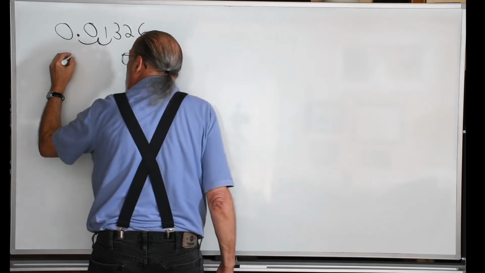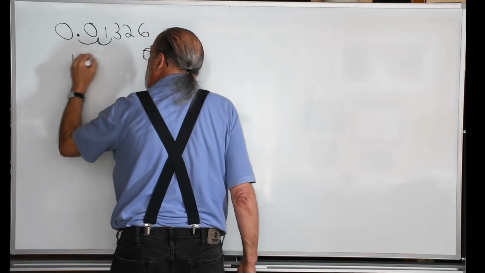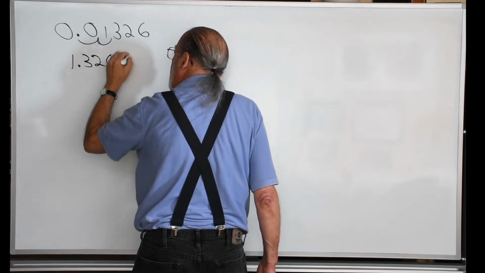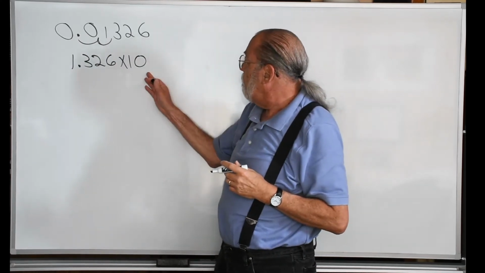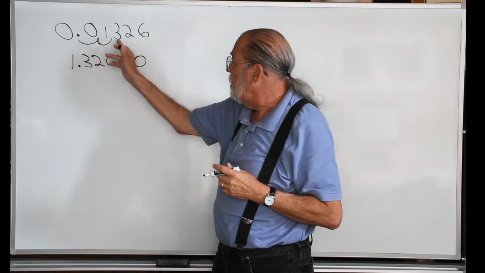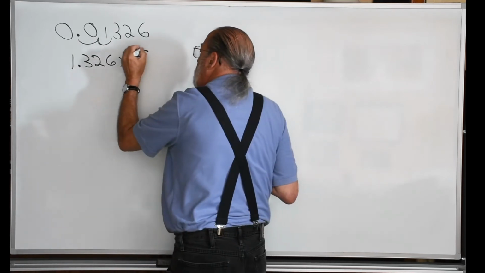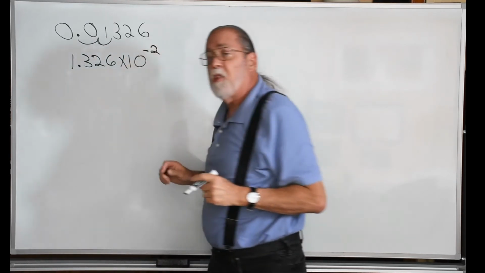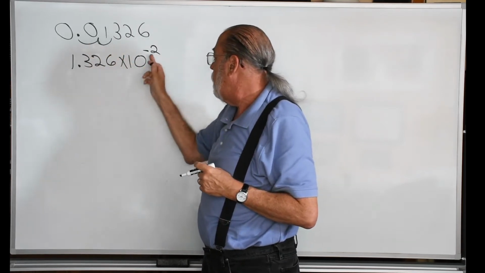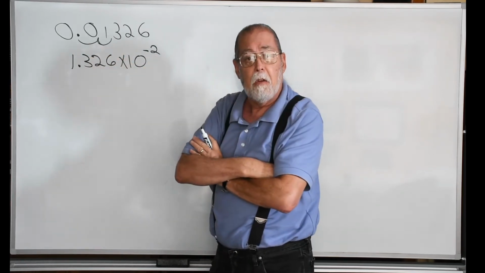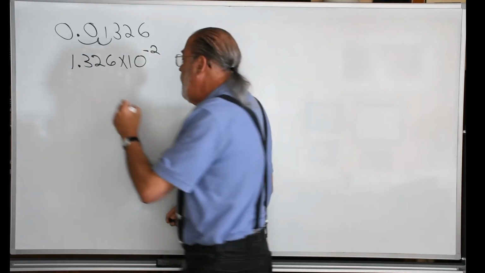So we end up with 1.326 times 10, and then we know that this was less than 1, so we moved it 2 places. The number of places we moved it is the exponent, and since the number is less than 1, it is a negative exponent.